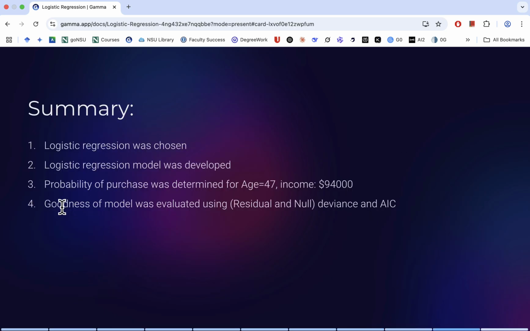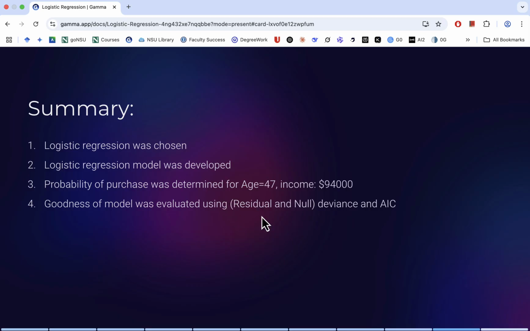And our last question was goodness of model using residual and null deviance and AIC. Residual model is our fitted model, which includes our predictor variables. Null model is the one which excludes independent variables or predictors. Predictors are replaced with a constant which is 1, and then it calculates deviance.